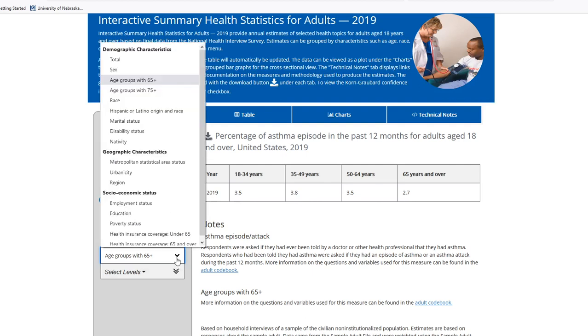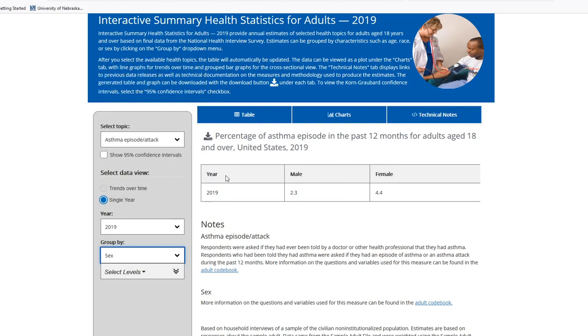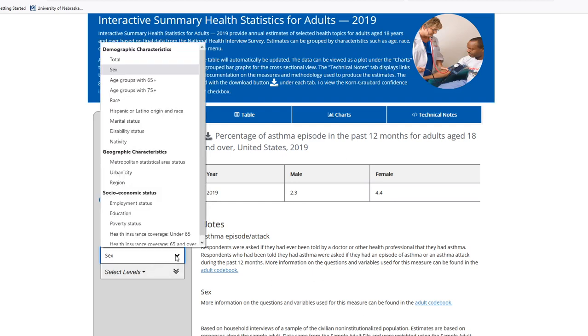And we also can look at the data by sex. The percentage of asthma diagnosis is higher for females based on the latest data we got. Can you see that? You don't have to mention all the social characteristics.